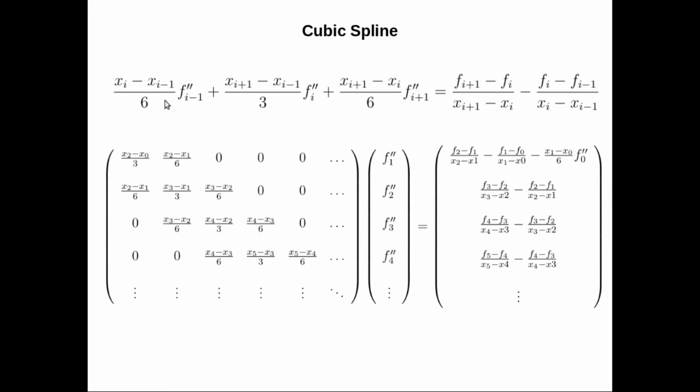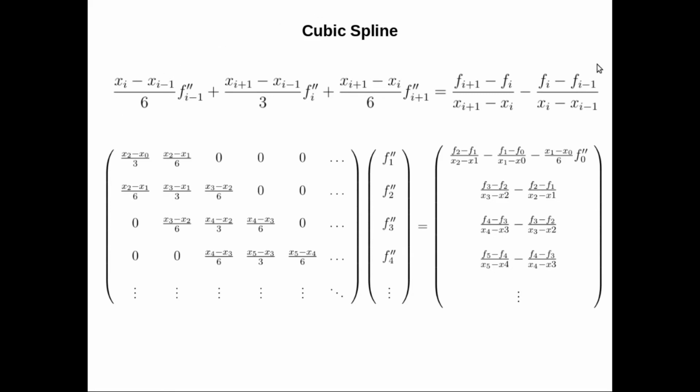As I told you, for n plus 1 data points, we will get only n minus 1 equations, so some values should already be known. Usually we have to make an assumption for the 0th second derivative and the nth second derivative. In that case, f0 double prime will become a known quantity.